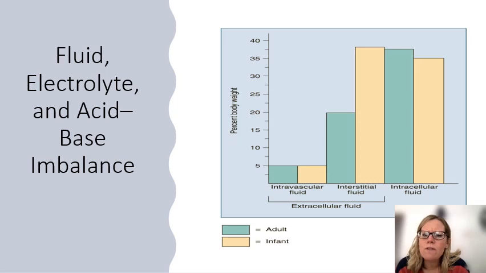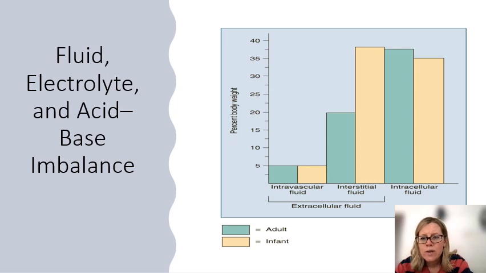So the distribution of fluid in our body compartments, right? It's distributed in these 3 compartments here: intracellular, interstitial, and intravascular. In adults, body water accounts for about 60% of our total weight, whereas in infants, the body water accounts for 75 to 80% of total weight.